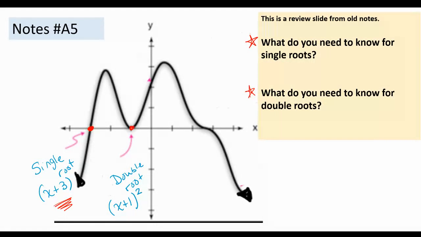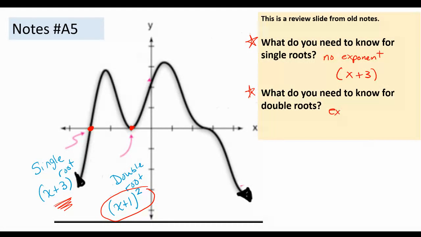Right here, the double root is where your graph comes down, touches, and goes back up. So your graph comes down and touches the x-axis and then goes back up. That's a double root, and that has an exponent. So what do you need to know for single roots? No exponent. So something like x plus 3. What do you need to know for double roots?